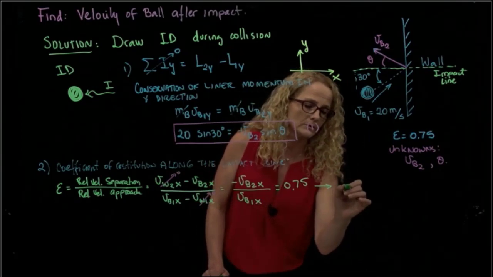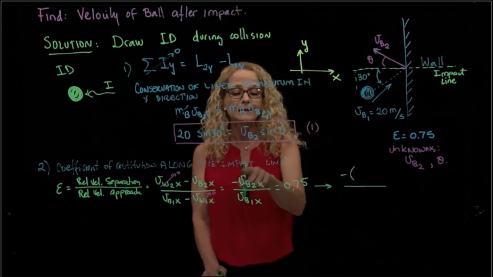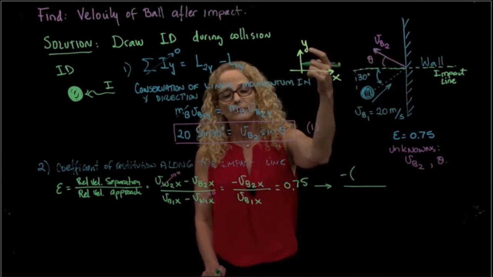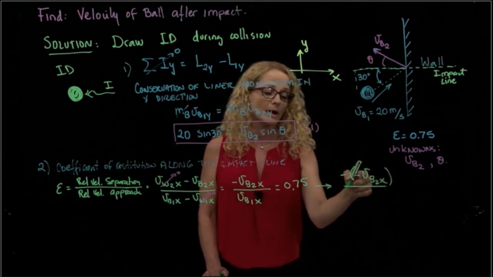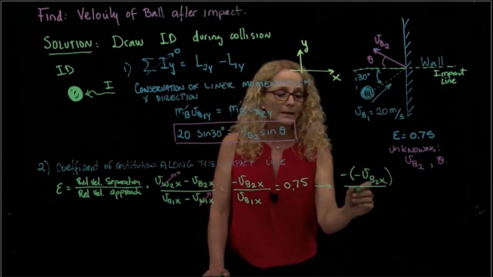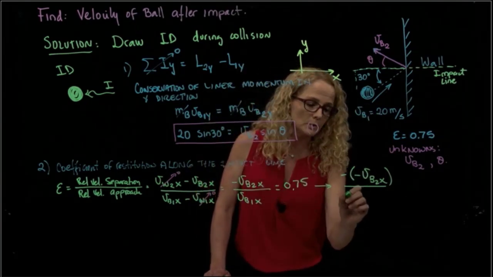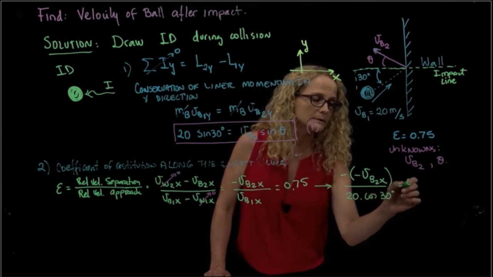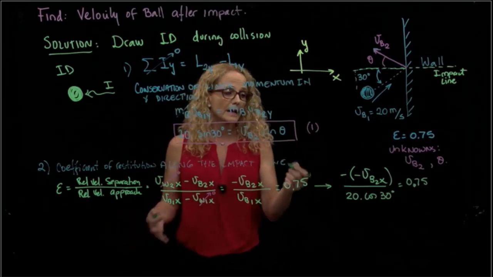This is a negative, but inside my magnitude is also negative because it's going in the opposite direction of x. So it's negative velocity v2x, which is what I'm trying to find, right? And then here I have the velocity in x, which is positive, which will be 20 times cosine of 30. And this is equal to 0.75. So this is our second equation.